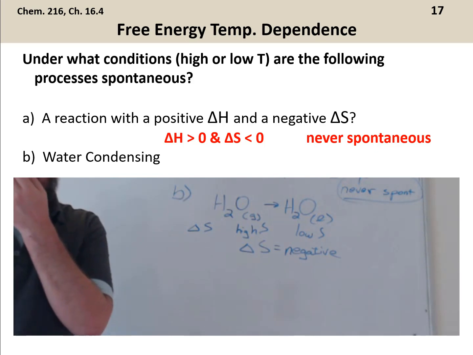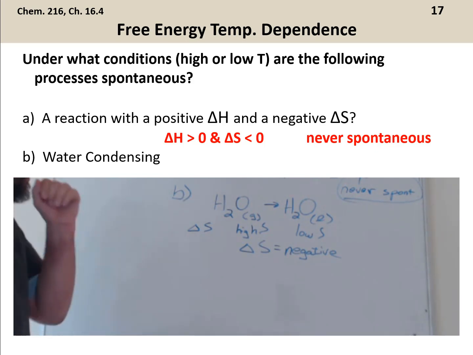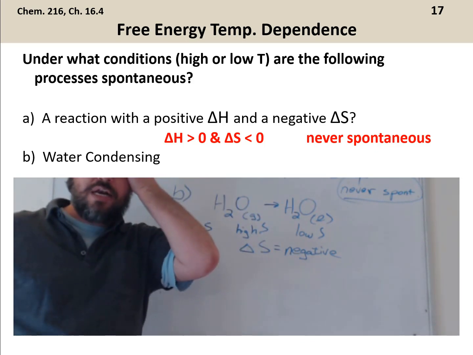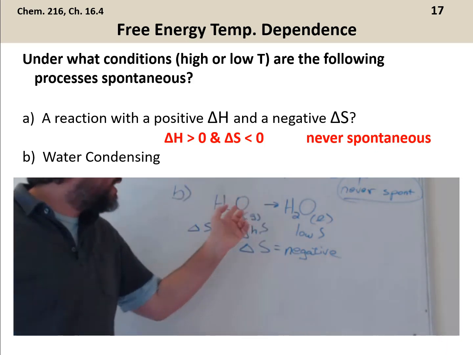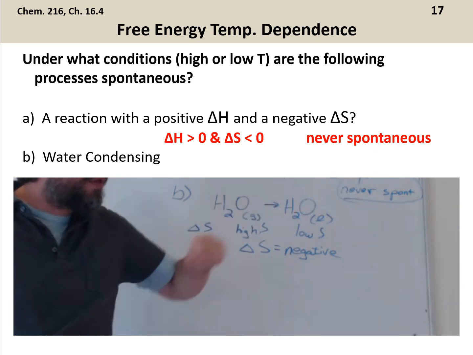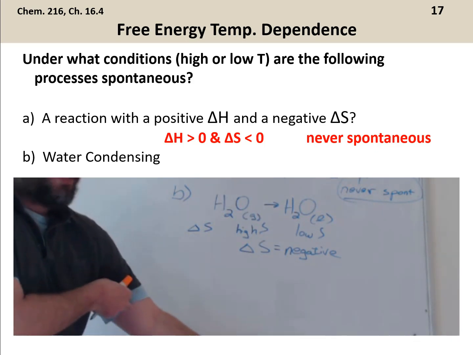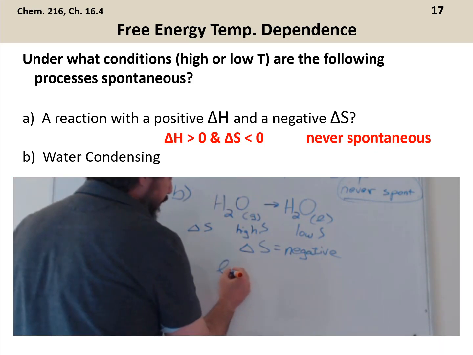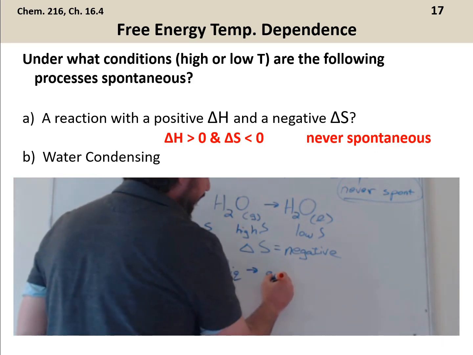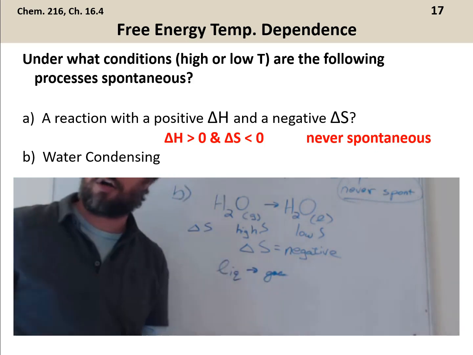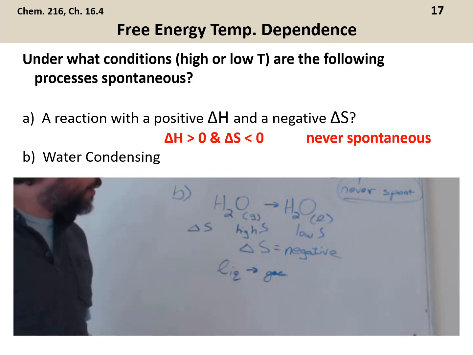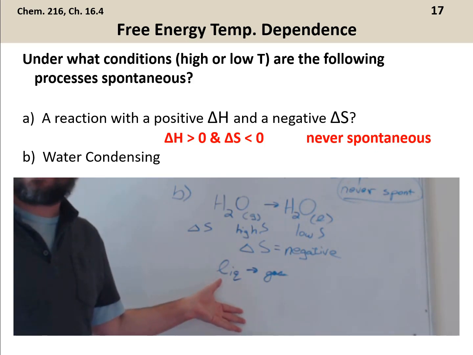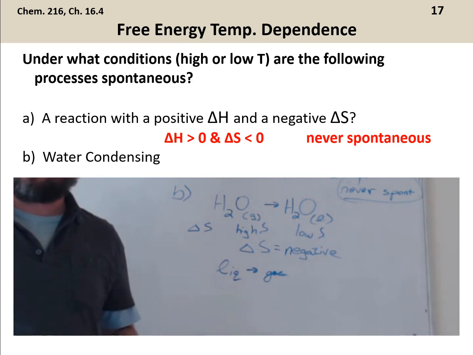Now, what about my delta H? Well, this reaction, I don't quite know, because I don't deal with this a lot. But what I deal with a lot in my kitchen is the opposite. I go from liquid to gas. That's called boiling water, right? So if I go from liquid to gas, do I have to put heat into this or take heat out of it?